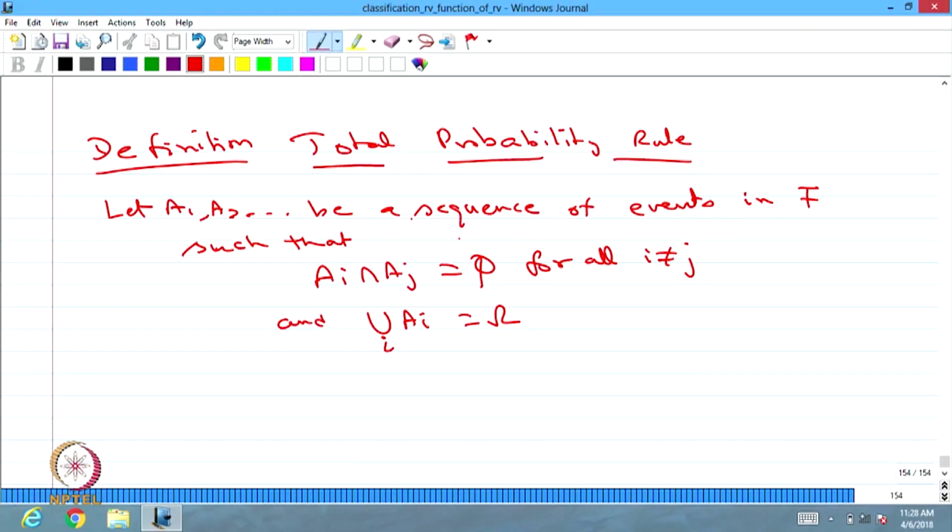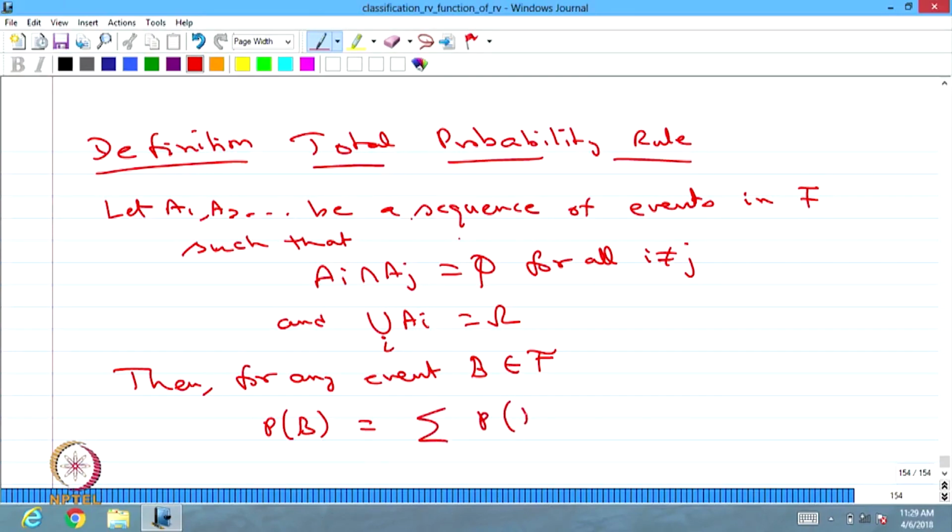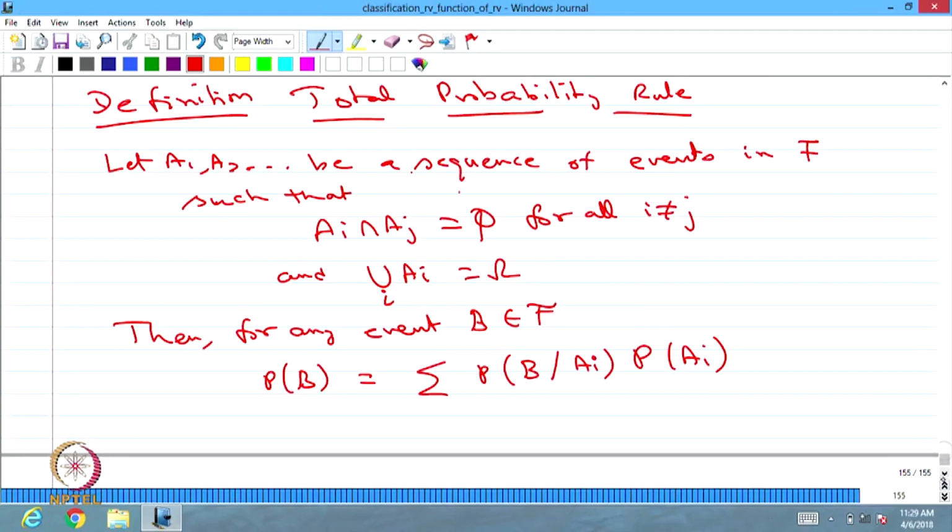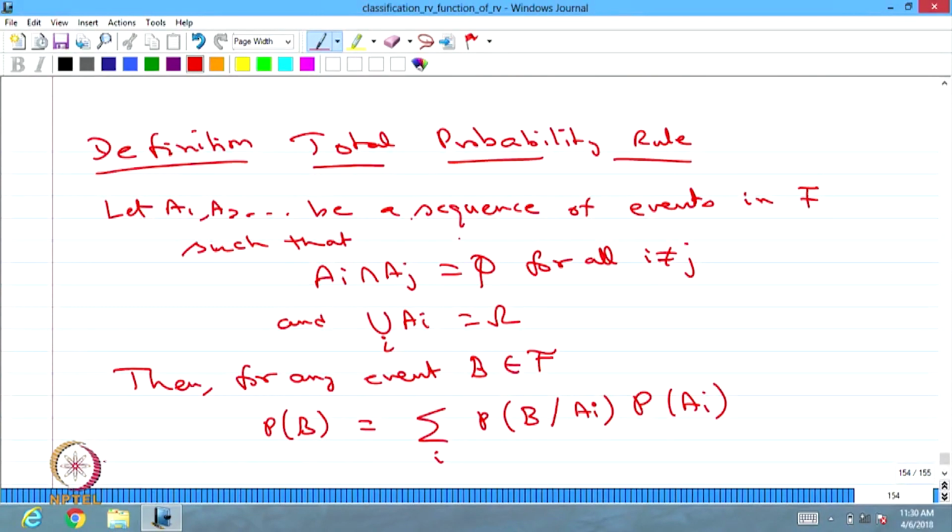Satisfying this condition, then for any event B belonging to F, the probability of B can be computed by the summation of the conditional probability given Ai multiplied by P of Ai. This is a summation over i, provided P of Ai has to be strictly greater than 0.